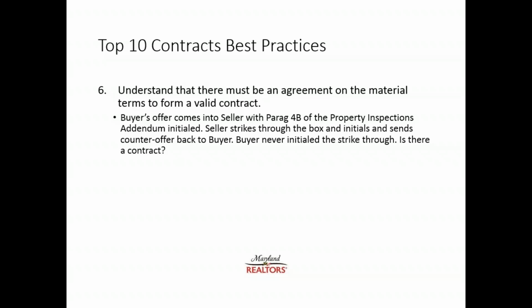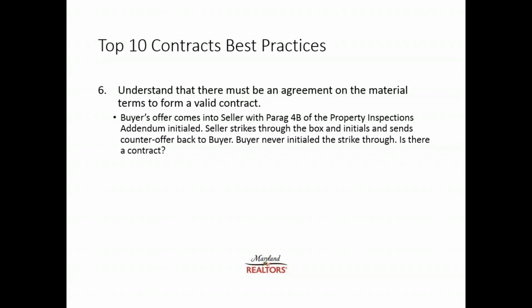The example here says buyer's offer comes into seller with paragraph 4B of the property inspections addendum initialed. That's the Maryland REALTORS property inspections addendum. Seller strikes through the box and initials and sends a counteroffer back to the buyer. Buyer never initialed the strike through. Is there a contract?